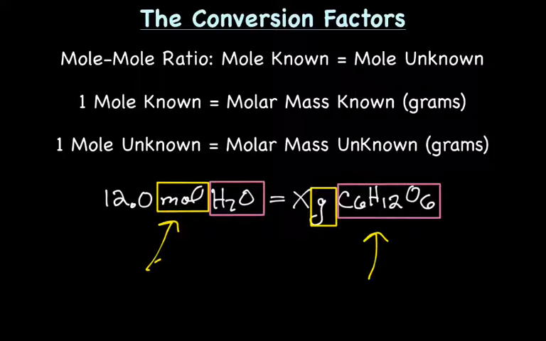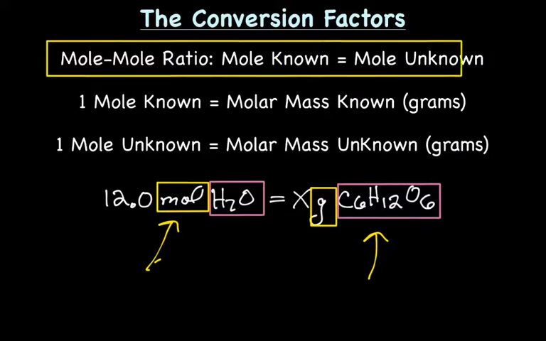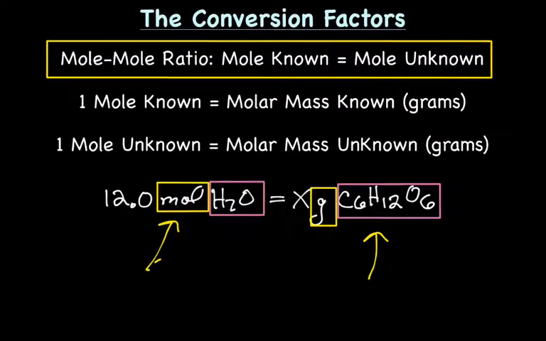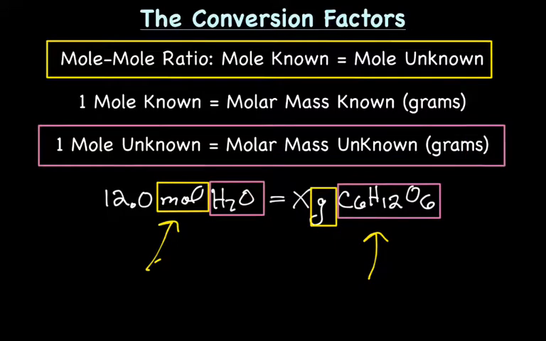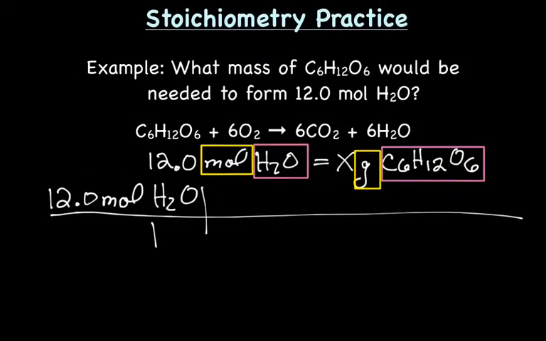So if the first thing in our grid is mole H2O, I would suggest we use the mole ratio, going from mole known to mole unknown. That'll get us to mole C6H12O6, mole unknown, and then from our mole unknown, we can figure out the molar mass of the unknown, which will get us to the mass of the unknown. All right, so let's do that.